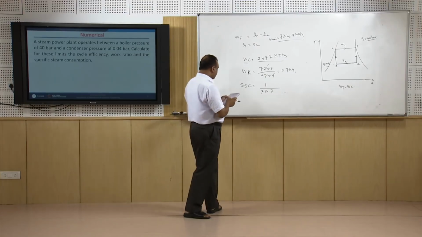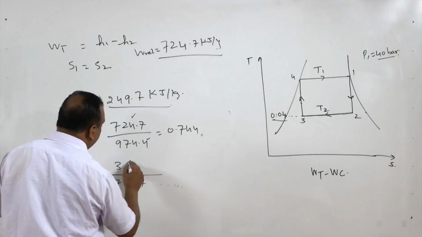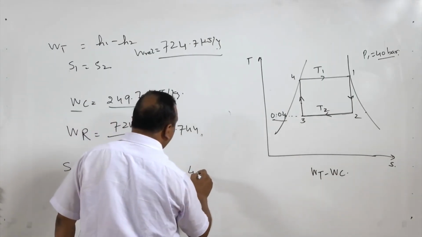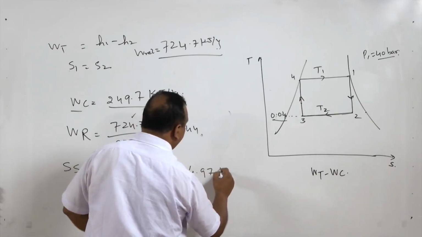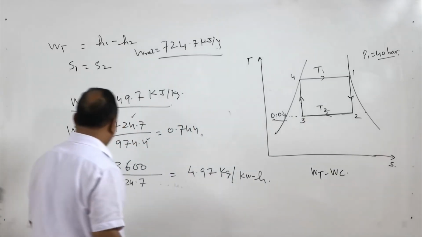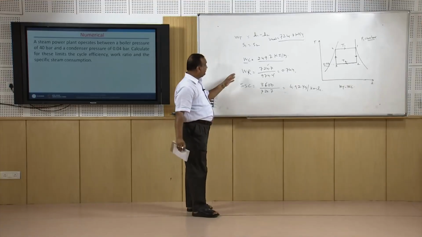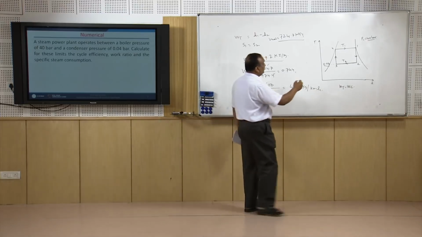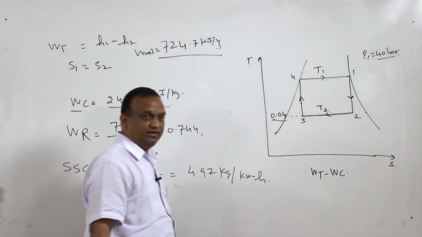That will give the specific steam consumption. It is going to be 4.97 kg per kilowatt hour. So, we are getting all the values: efficiency, work ratio, and specific steam consumption in case of Carnot cycle.